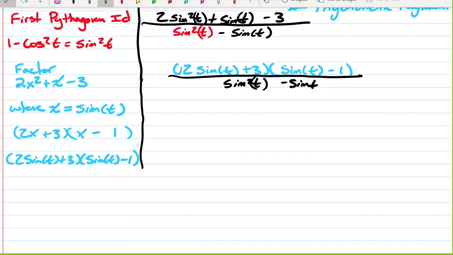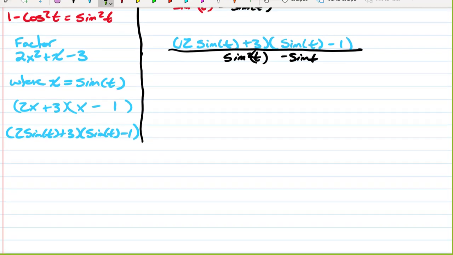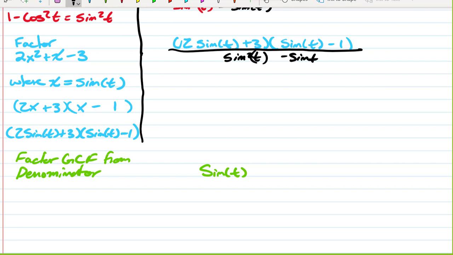Well, we now need to factor the GCF out of the denominator. So our GCF in the denominator is just going to be sine t. And then that leaves behind a sine t minus 1.